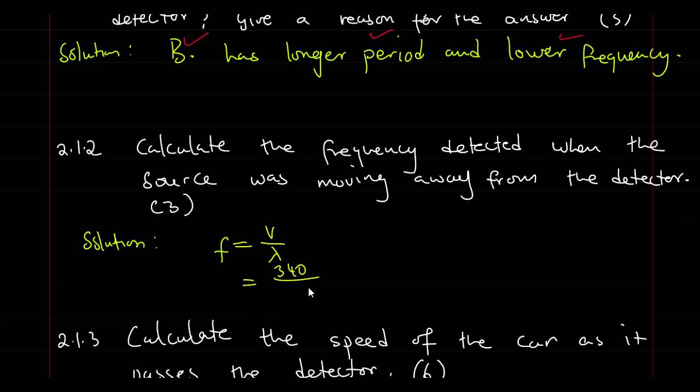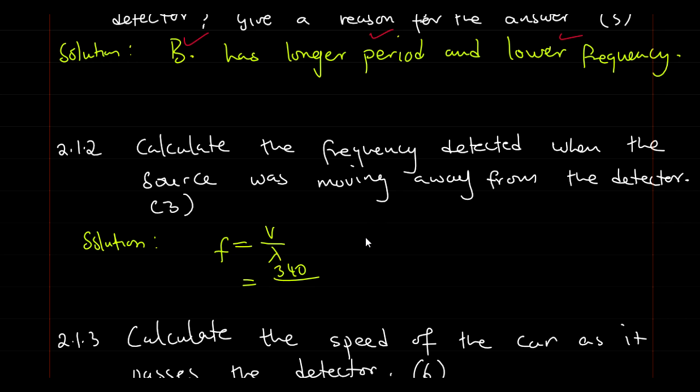Remember, they've given us the speed of sound as 340 meters per second, right? But notice this, we are not given a wavelength. So because we are not given wavelength, this formula will prove to be useless to us.